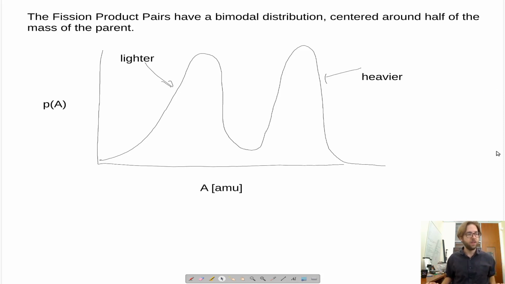So we get some distribution. These distributions are different for every single parent. They're similar. We'll get into some of the similarities and differences a bit later in the course. And so spontaneous fission is very common among the manufactured species that are higher up, rather than the naturally occurring ones, although it does happen for some naturally occurring ones as well.